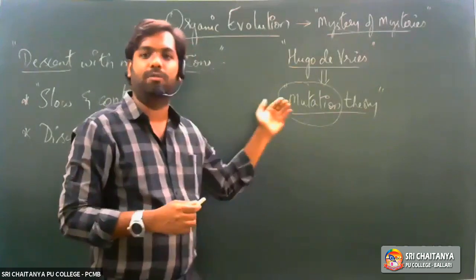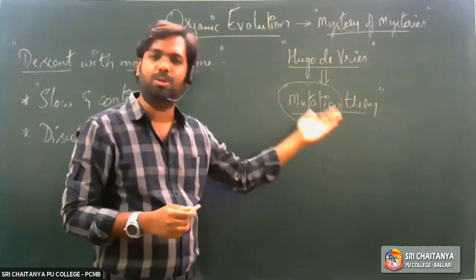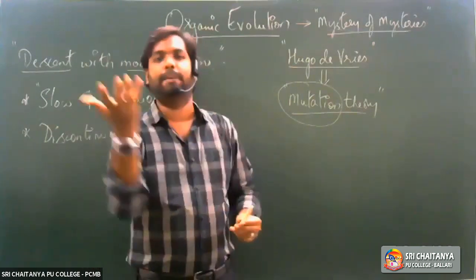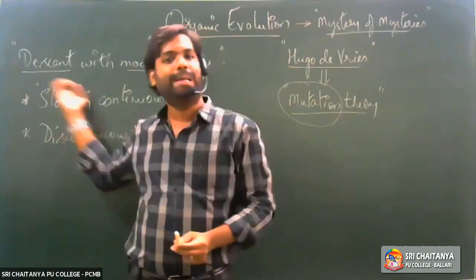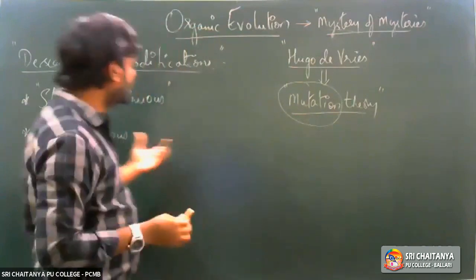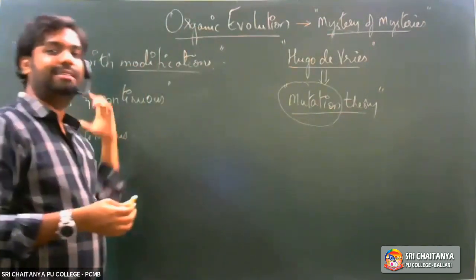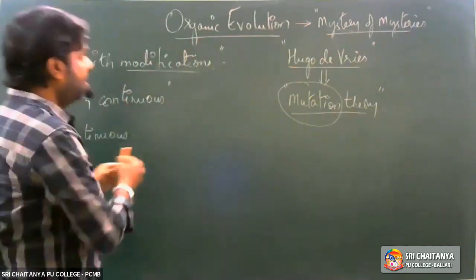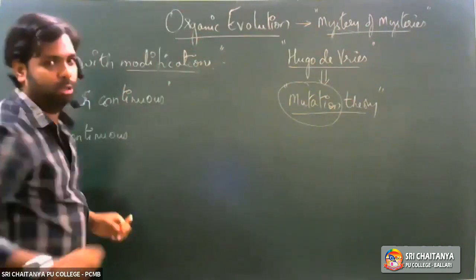We'll also talk about their contributions and a few drawbacks of each theory, so that we get a clear picture of what was told by each of these scientists with regards to origin of life as well as the diversity of living organisms. So this is a brief introduction with regards to evolution.